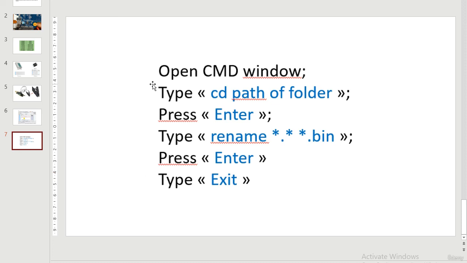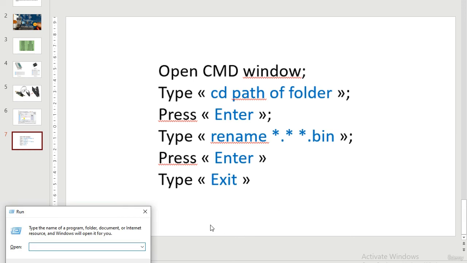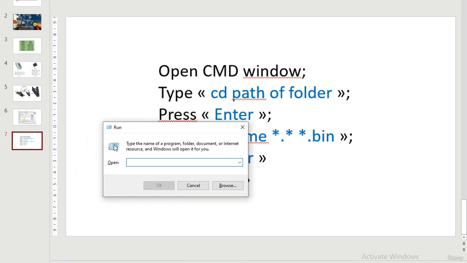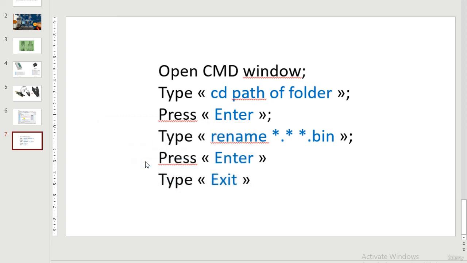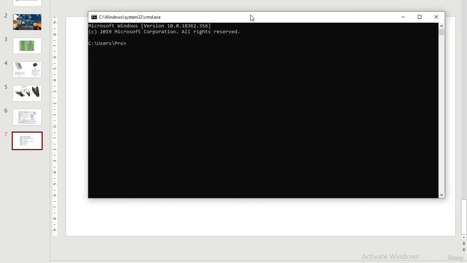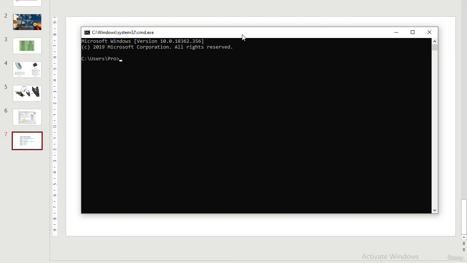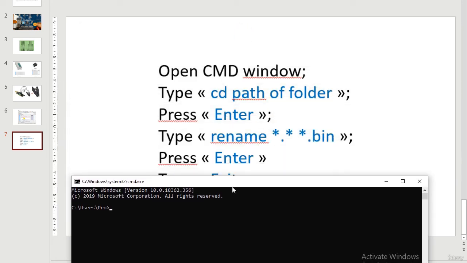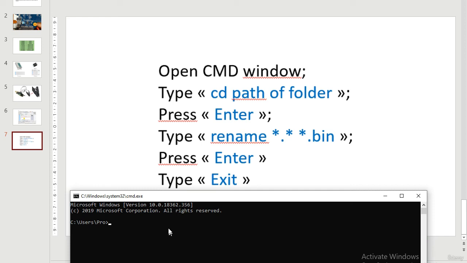So we have seen that you should open the CMD window, the command window. You can just press Windows R from the keyboard, as you can see, and then the Run window will be opened for you. Then you can just type CMD and press enter, and you will get the CMD window. And in the CMD window, I taught you how to enter these commands.